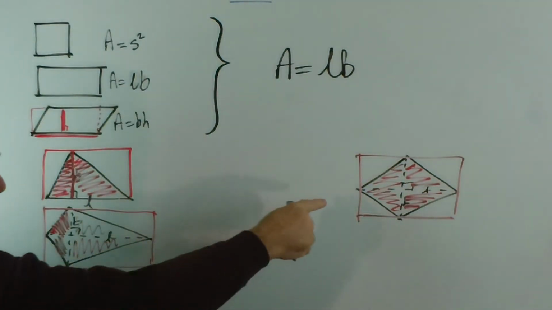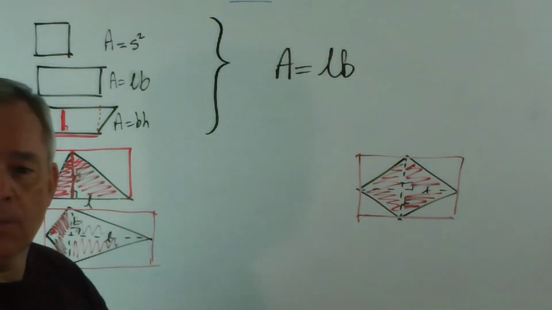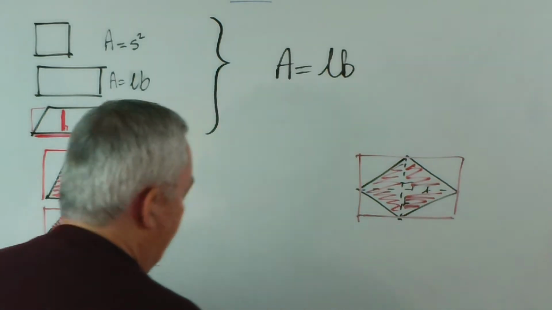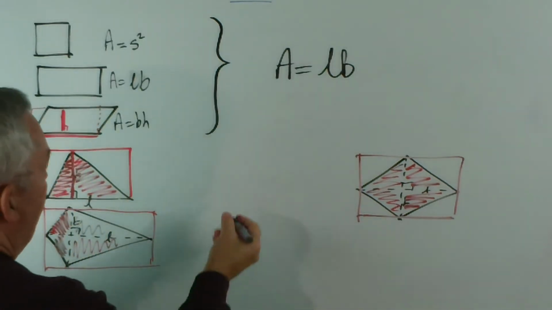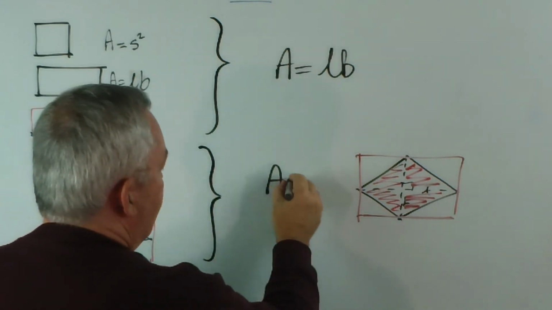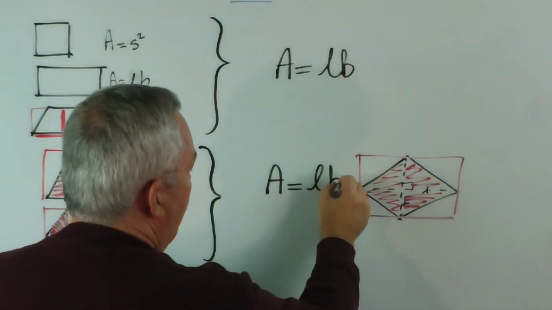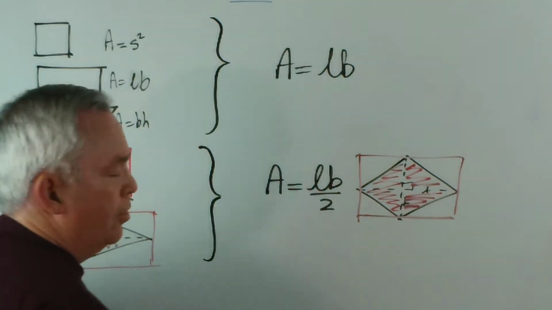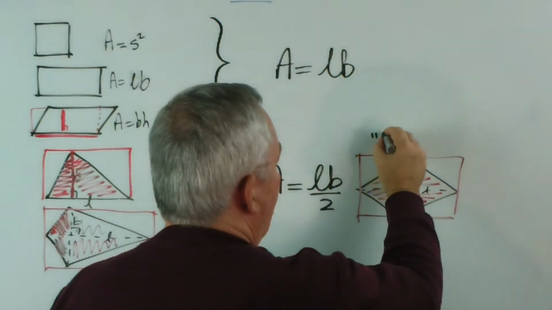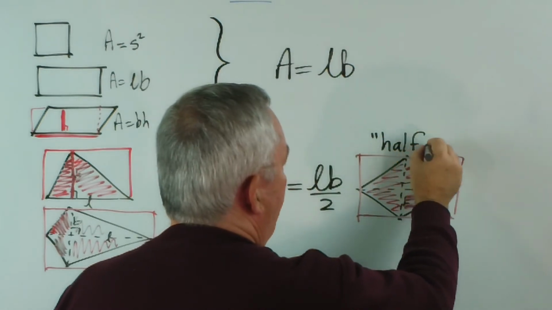Consequently, all these three shapes are half rectangles in area. So, to summarise that, I write this: area is length times breadth divided by 2. And my summary is to call them half rectangles.